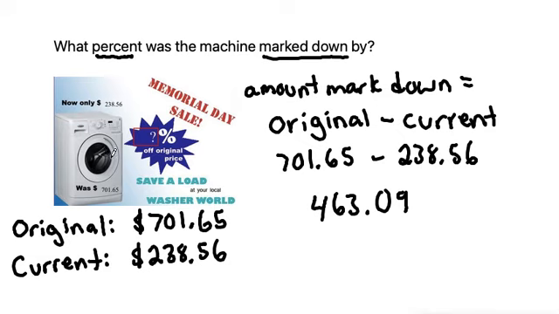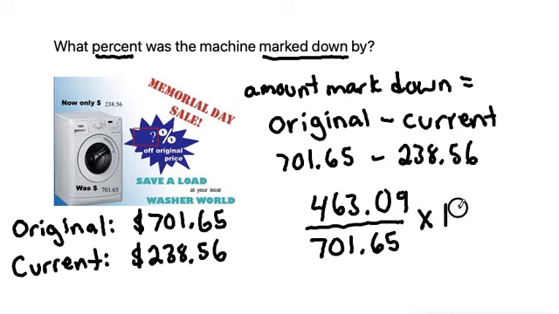Once you find the amount of the markdown, what you want to do is divide that by your original price. So we're going to divide that by $701.65. And then in order to get it into a percent, we need to multiply it by 100. So if I grab my calculator, my $463.09 is already there.